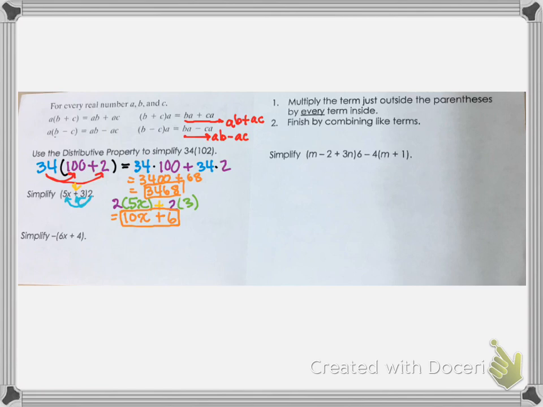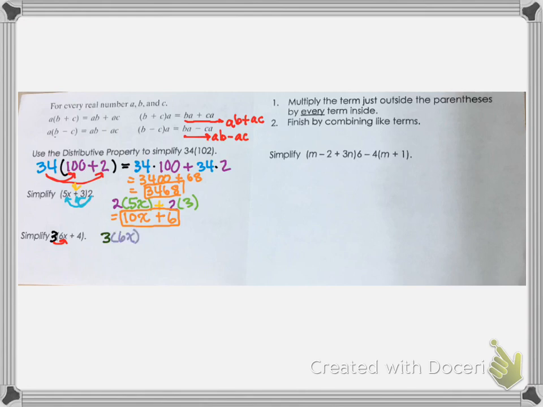Okay, so let's look at the next one. Now I'm going to alter it, and instead of it saying negative, we're going to put a 3 there. Okay, just for our purposes. So we're going to multiply 3. Let's make him dark green. And we're going to multiply him by the 6x.